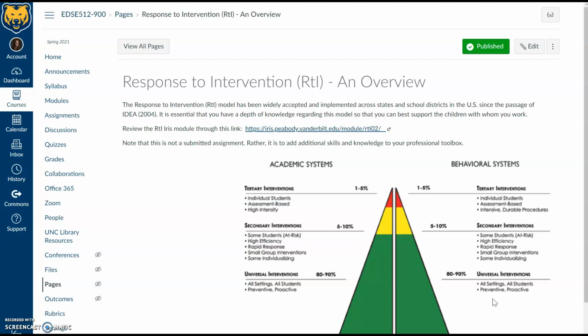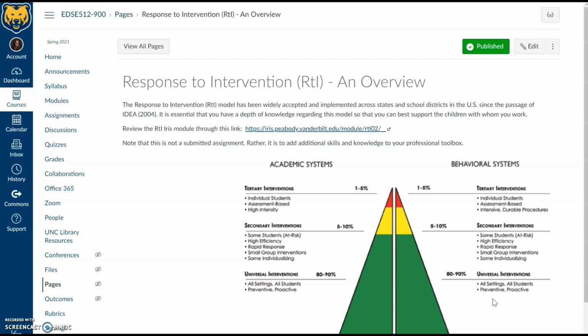And then the secondary interventions, this might be something like a check-in, check-out with a counselor. So it's something that not everybody is receiving, but students who are struggling and experiencing some issues or concerns at school. So that could be a small group, for example, for some targeted instruction. And then we're moving into the highest level of intervention, which is generally a pretty small percentage of the student population.